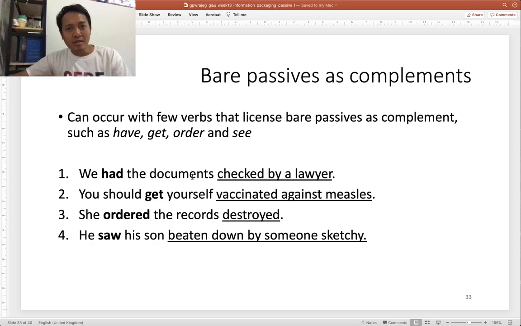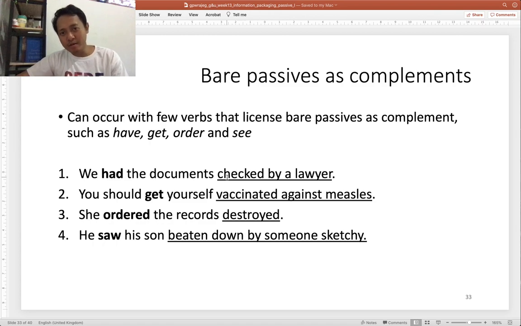When bare passive verbs function as complements, they typically occur with some verbs that can have a bare passive as their complements, such as have, get, order, and see. One, we had the documents checked by a lawyer.